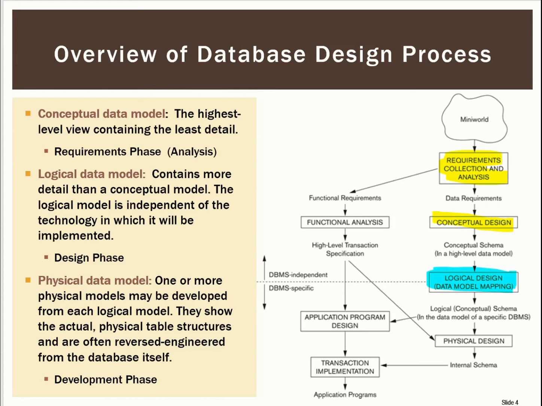Think of the logical data model as an intermediate step on your way to building a physical data model. And as you can see in the diagram here, the logical data models kind of bridge the phases. They bridge the functional analysis with the actual design phase.